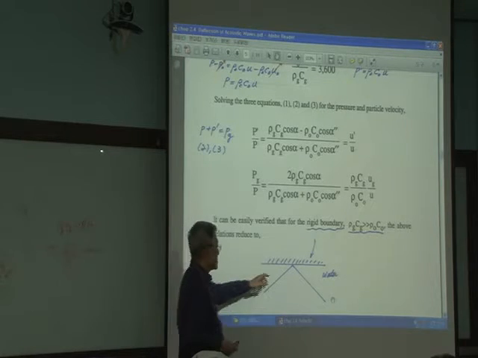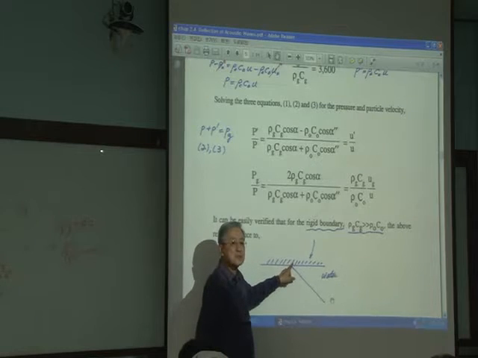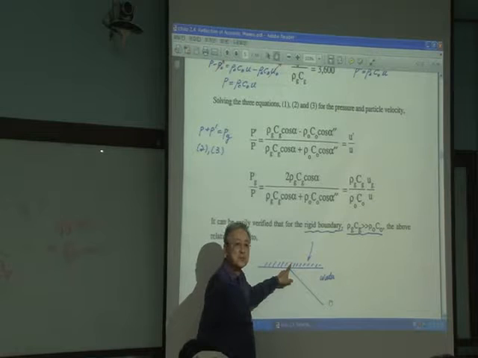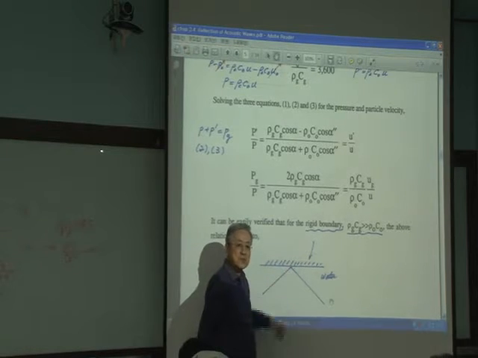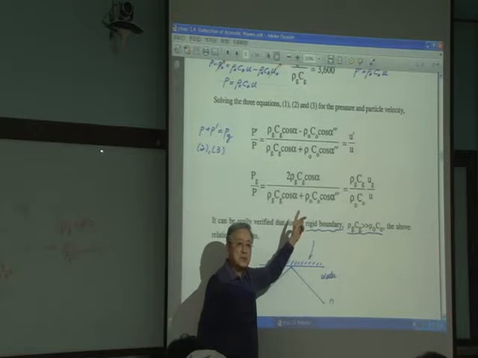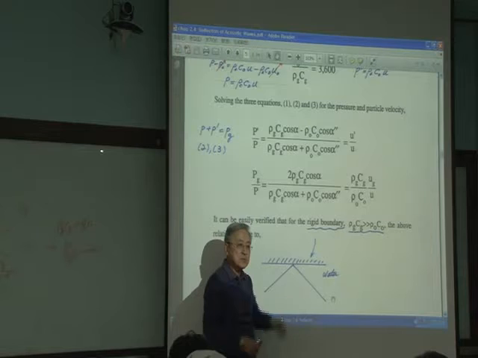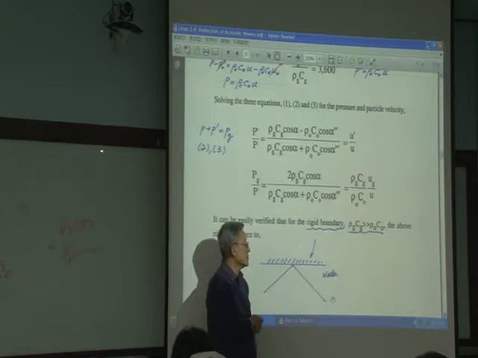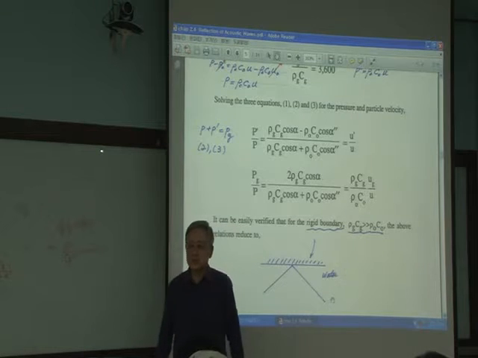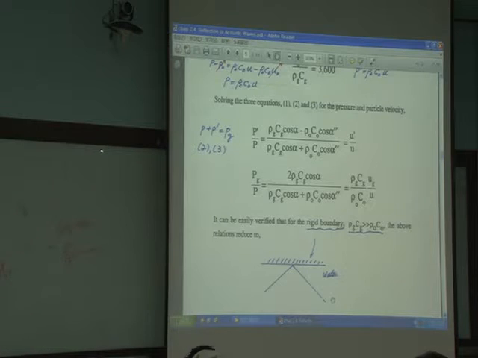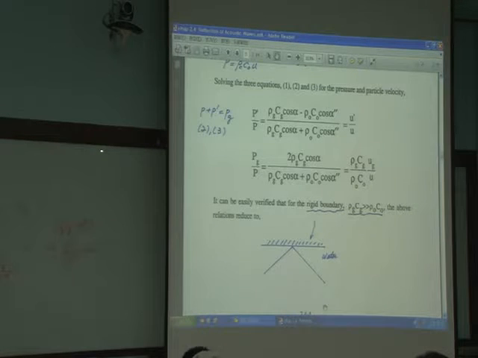Ug is the rigid surface boundary point, which is rigid, no motion. So ug has to be equal to 0. Then these equations give you ug equal to 0. So this equation is a really beautiful equation to work with for the free surface problem with the air and the water situation. Not only that, you can apply it to other situations.